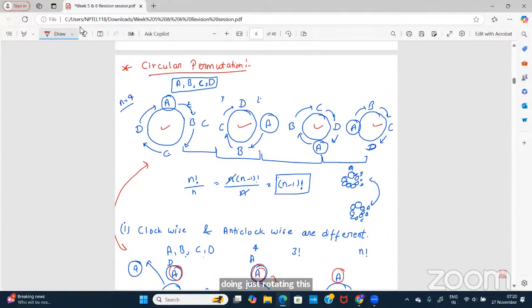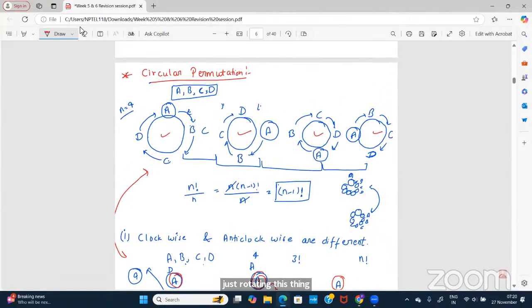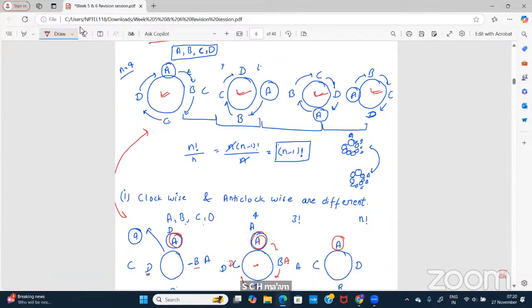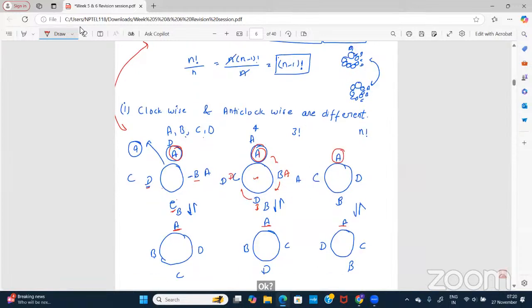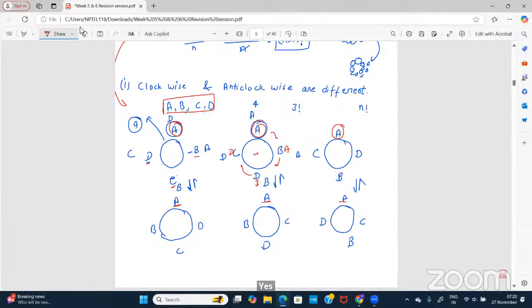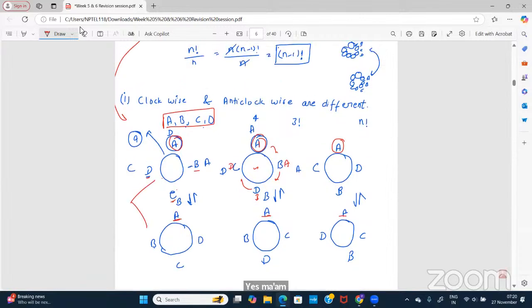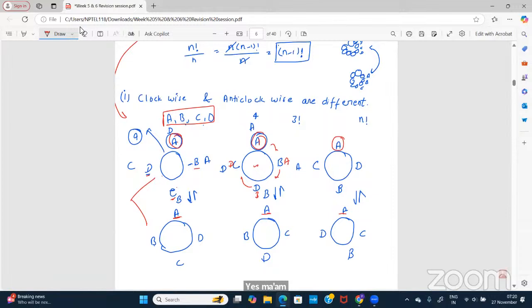Just try to understand, these four figures are same. Do you agree with this point or not? Yes, ma'am. If you try to make different arrangements for these four, these will be these six figures only. If you're thinking that there will be more possibilities, that will be the rotation of these figures.